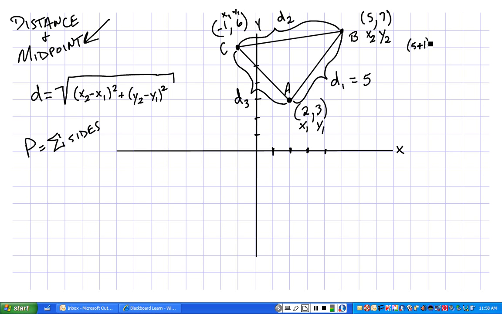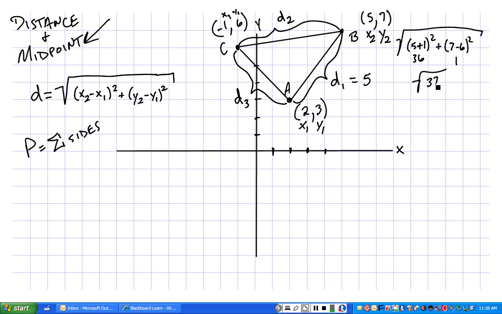So plus 1 squared, plus y2, which is 7, minus y1, which is 6, squared, and again we're taking the square root of that. 5 plus 1 is 6, 6 squared is 36, 7 minus 6 is 1, 1 squared is 1, so you have 37, square root of 37.